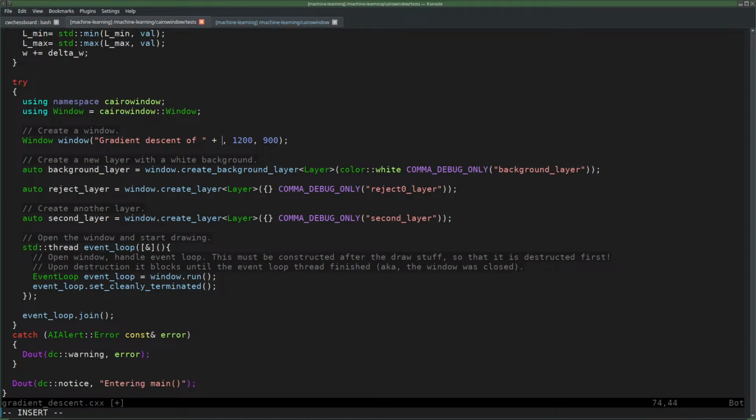Let's add a standard string here that shows the formula. How do we do that? Well, L dot as a string or something.